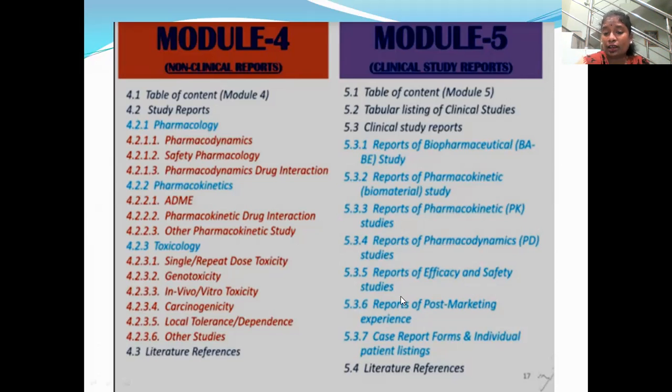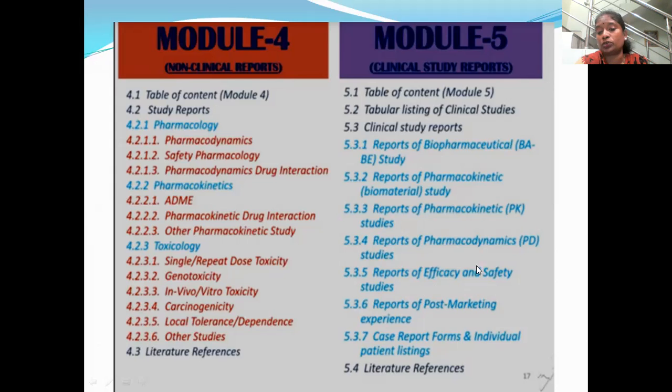So here, drug efficacy and safety studies. Efficacy is nothing but how much 100% of the drug, when you are administering it, should show the pharmacological action; that we call efficacy. Safety is nothing but when you are administering a drug, the drug should not interact with any substance or any organ; that we call safety studies.